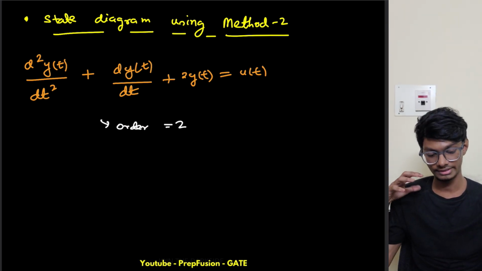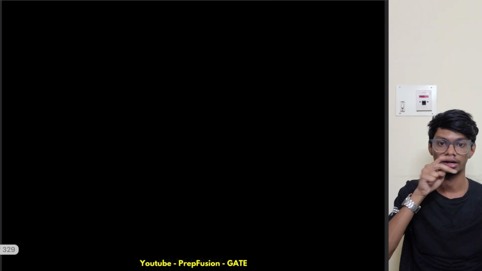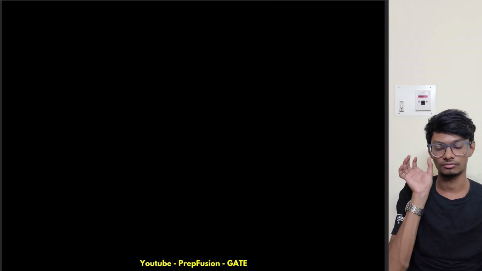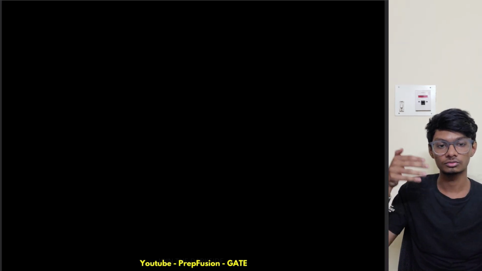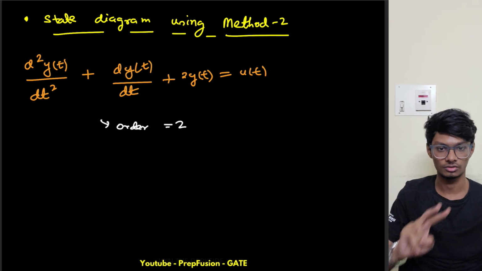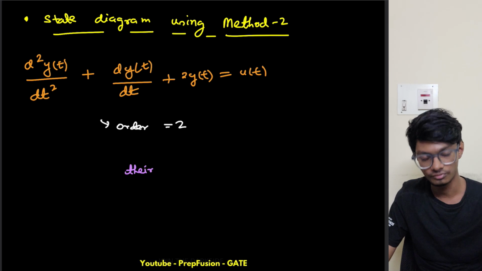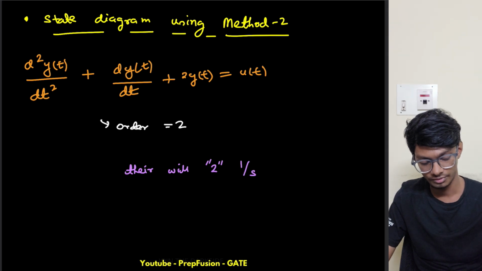So in this method 2, we first draw the state diagram and we write the 1 by s terms according to the order of the differential equation. Here we have order 2, so from here we understand that there will be 2 1 by s terms.